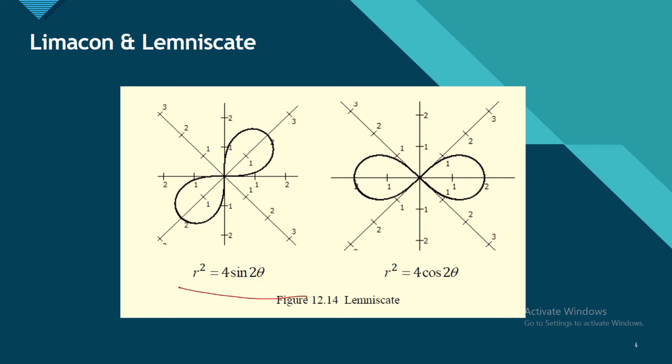Although analytic geometry is developed under the rectangular coordinate system, I think it is just fitting to include there the polar coordinate system and the curves that arise from equations in the polar coordinate system. So I will stop here, okay? I will stop here because our concern really is how to use integration in getting the areas of regions that are bounded by curves in the polar coordinate system. I will stop here.